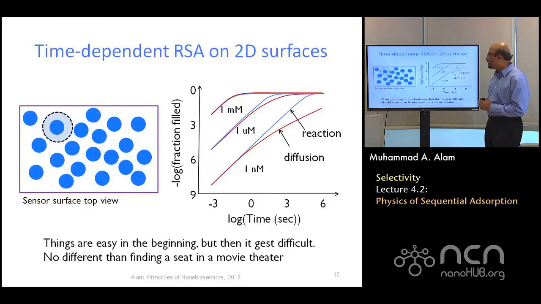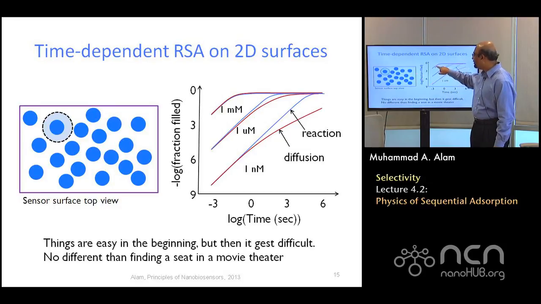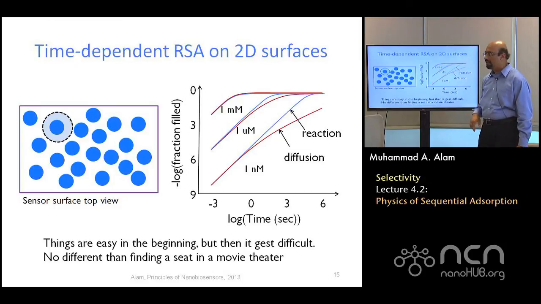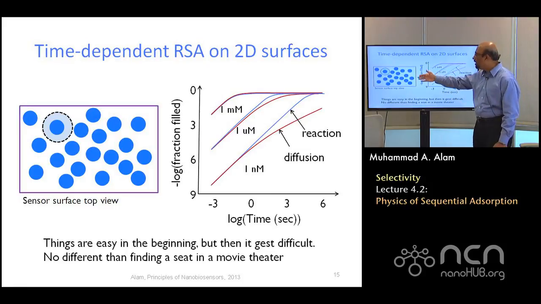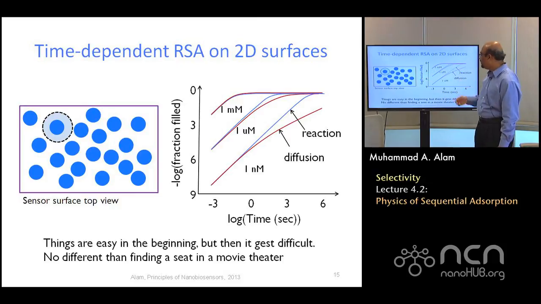So it turns out that, as I mentioned previously, in 2D, at high concentration, it reaches the 54% relatively quickly. If you use 1 millimolar target concentration, or receptor concentration, it reaches it relatively quickly.